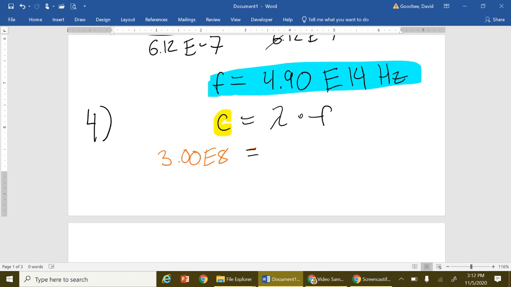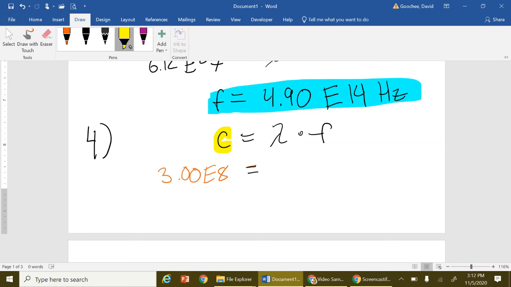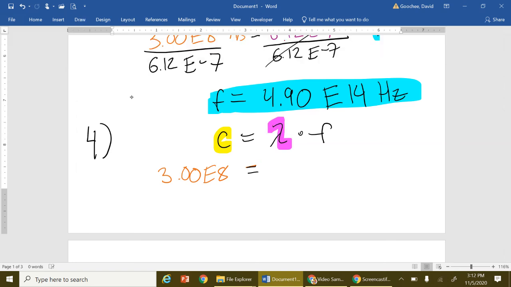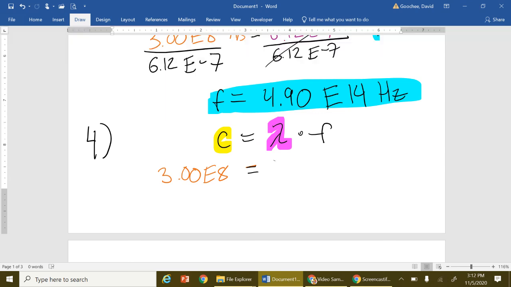All right, now you know what the wavelength is. The wavelength, this lambda, this weird symbol right here, this wavelength is equal to 6.82 times 10 to the negative 7th meters.